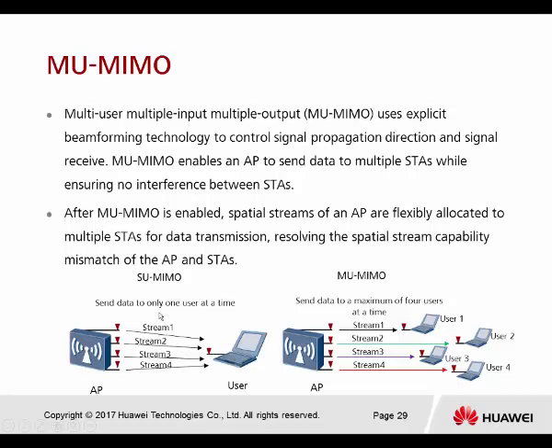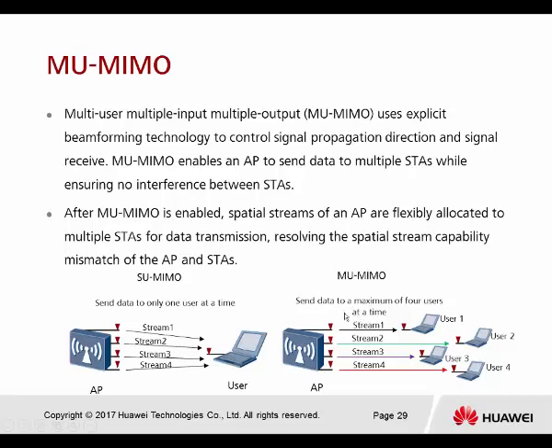The previous MIMO technology only supported a single user. Like this one, the user only has one receive antenna. So all the spatial streams here, you just focus on one antenna sent to the PC user. With this one, you are required to have beamforming enabled.